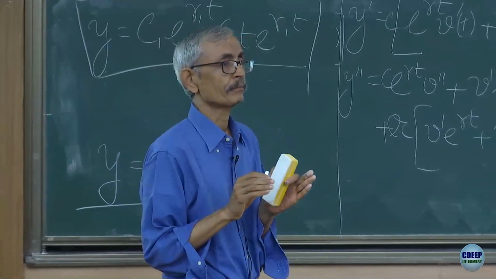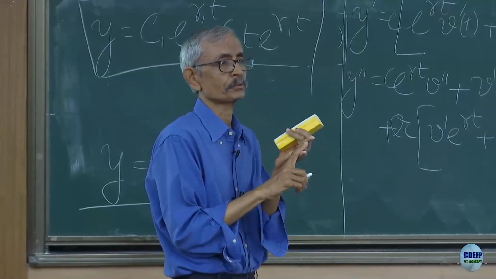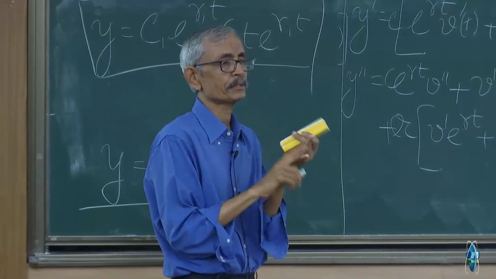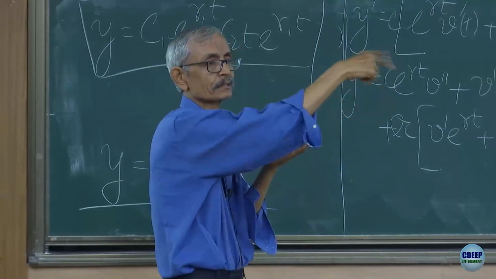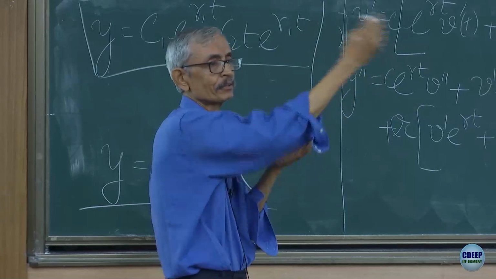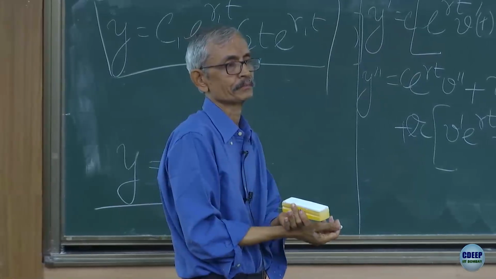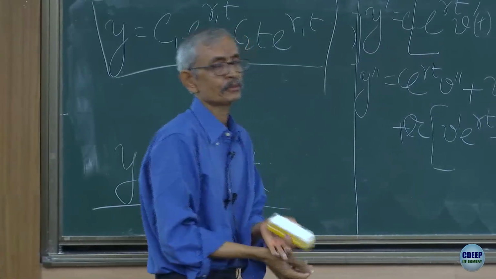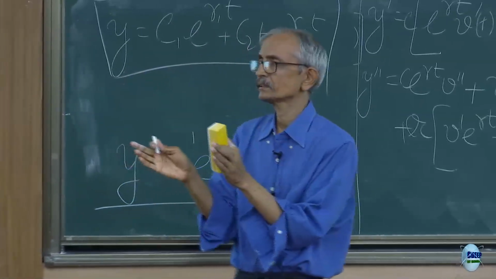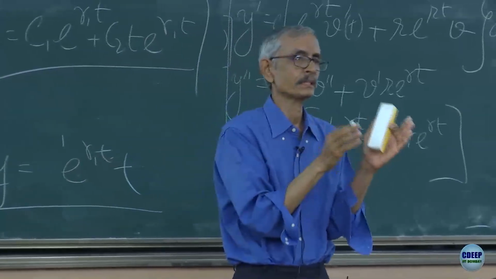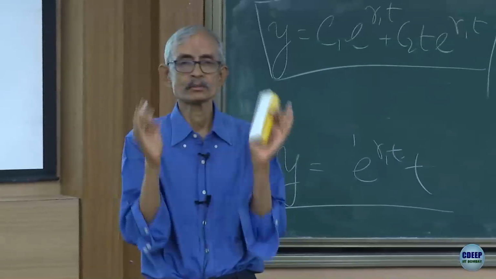Because it's a second order differential equation, I need two solutions. One solution is not enough. There are two conditions, y and y prime at 0. Unless I have two solutions, I can't get the proper solution to the equation. A first order differential equation, you write the equation and you have one condition. A second order equation, you write the equation and you have two conditions.